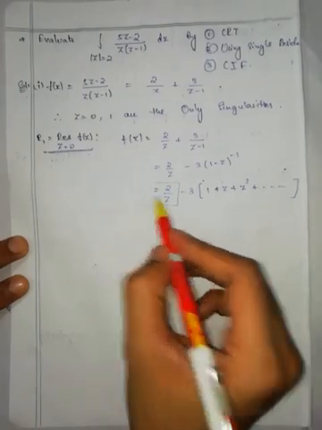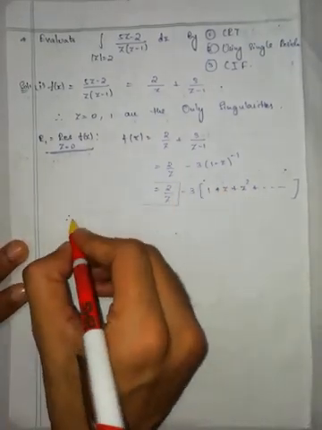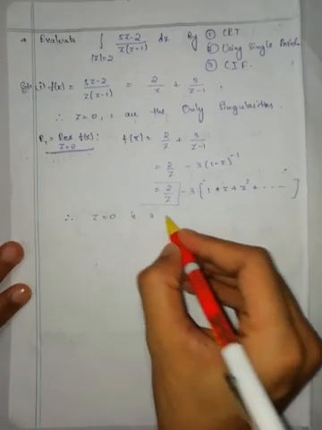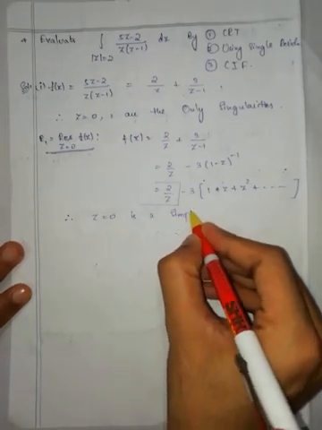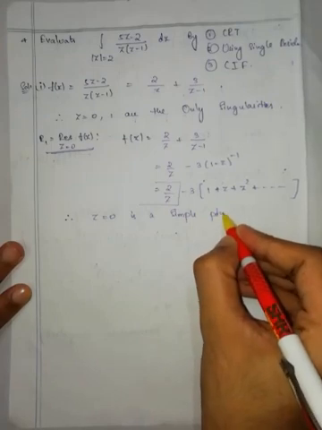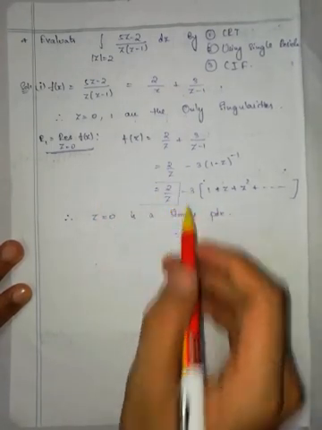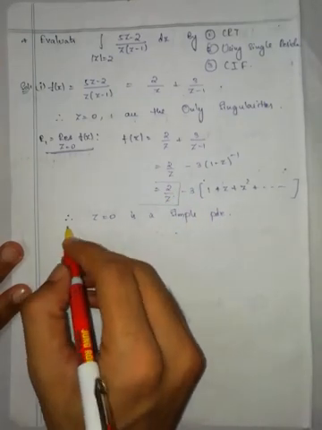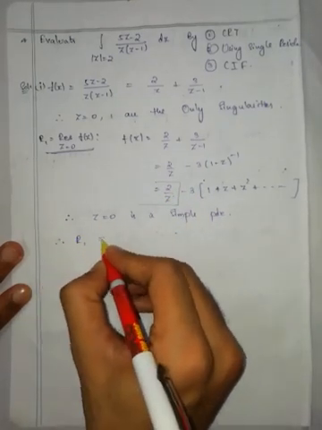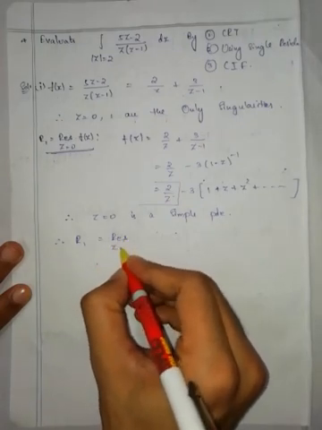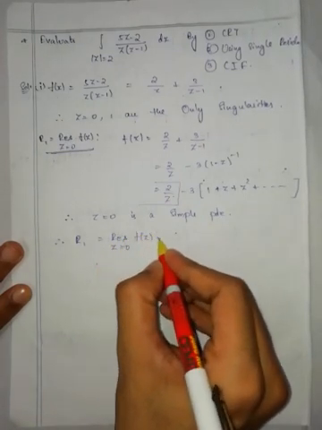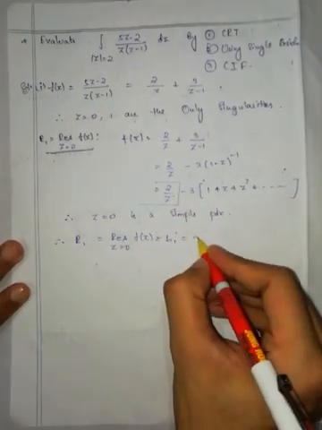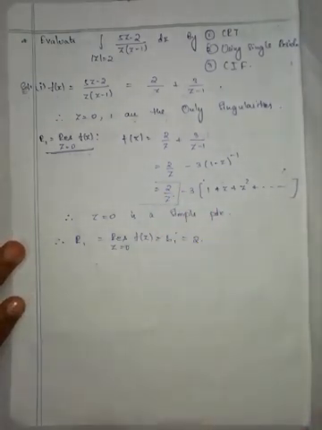This is the principal part. Therefore z = 0 is a simple pole because it has a finite number of terms in the principal part. Therefore R1, the residue at z = 0 of f(z), is b1, the coefficient of 1/z, which is 2.